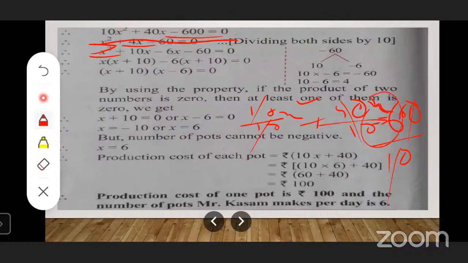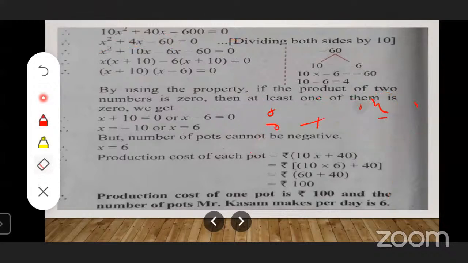That you are writing here, right? In this way, you should divide both the sides of the equation by 10, right? So what will you get? This equation you will get: x square plus 4x minus 60 is equal to 0.